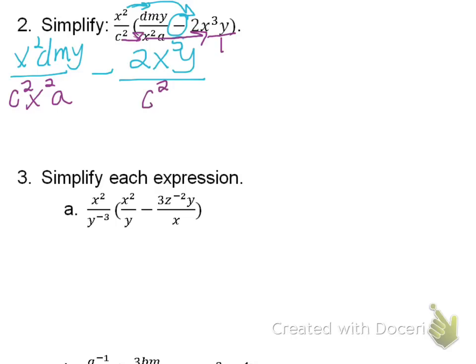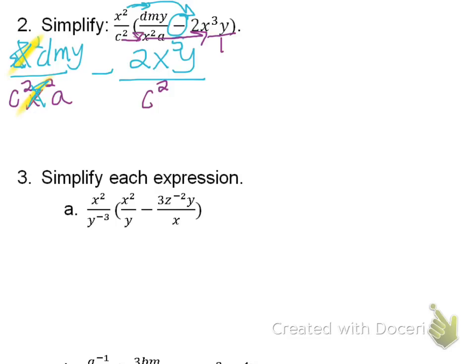Okay, now we can move on to canceling things out. So looking at the first term, we have x's in the top and x's in the bottom, x squared and x squared. So those are actually going to cancel out to be 1, which just cancels them out altogether.